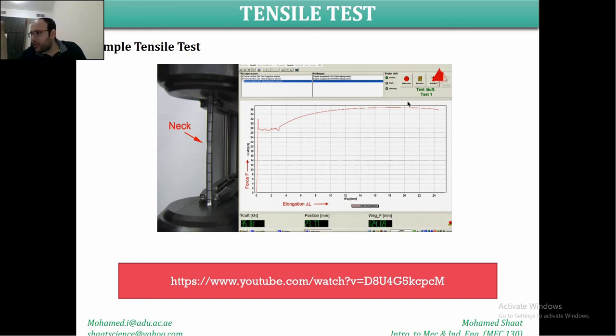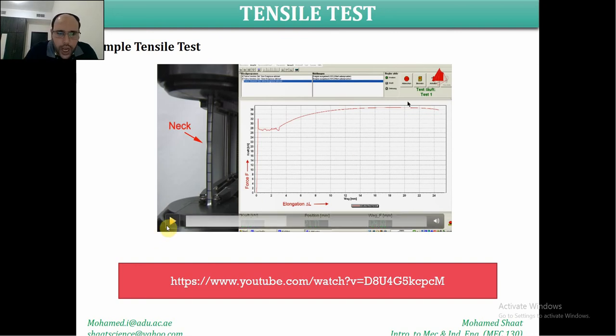Beyond this maximum force, the neck will start to form, and this indicates that the material became very weak and is getting ready to fracture. And this is what is going to happen after a while: with this neck, it will keep on thinning and thinning till the material is completely cut.